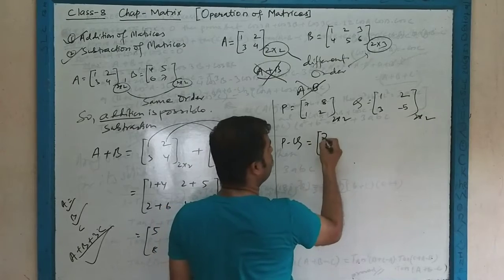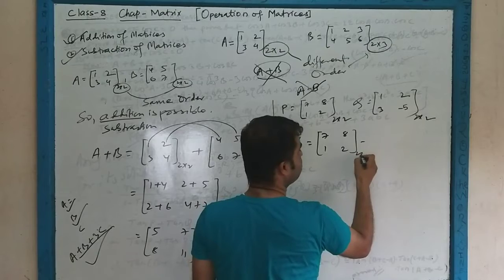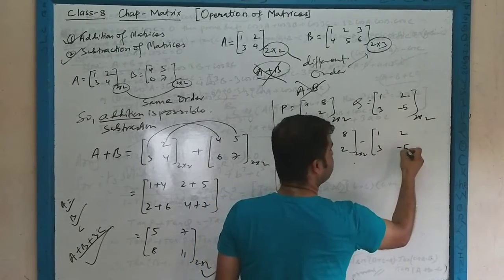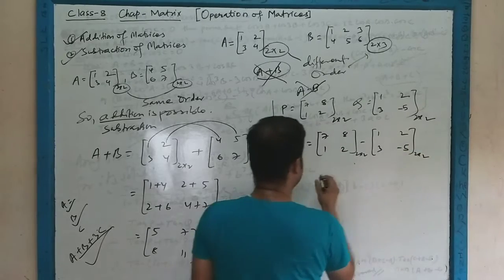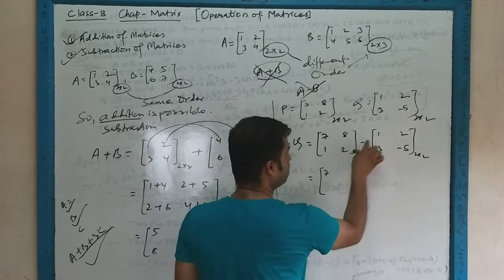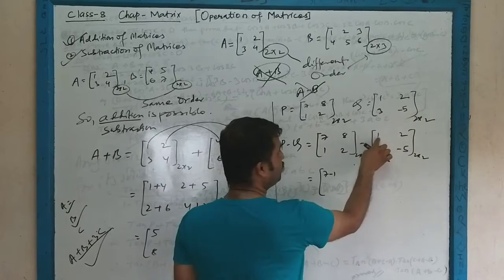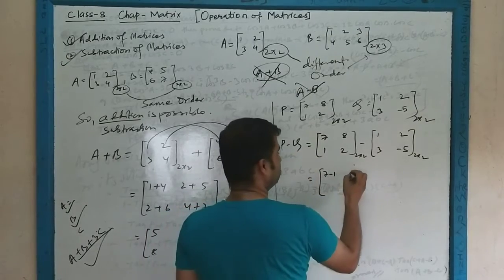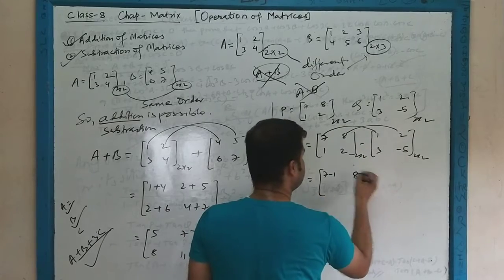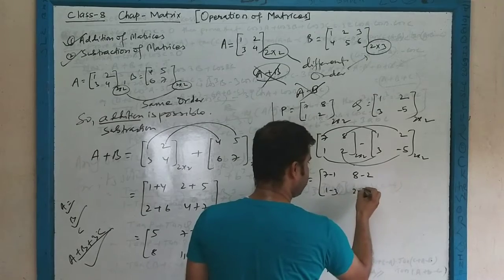If you do not know, then in one line you can elaborate this: this is of 2 by 2 minus, this is 1, 2, 3, minus 5. Now, 7 minus 1, first row first column of matrix P and first row first column of matrix Q. Now 8 minus 2, 1 minus 3, and 2 minus of minus 5.